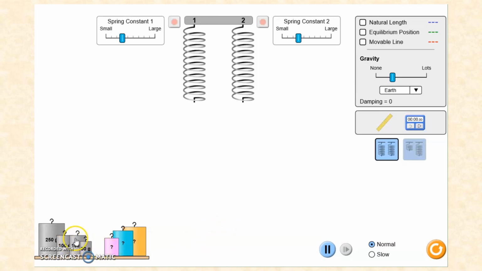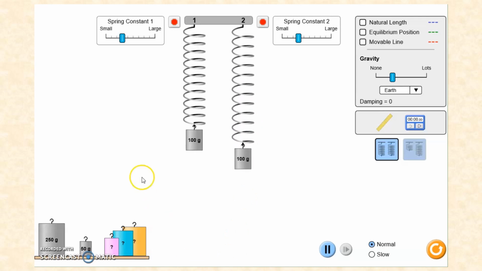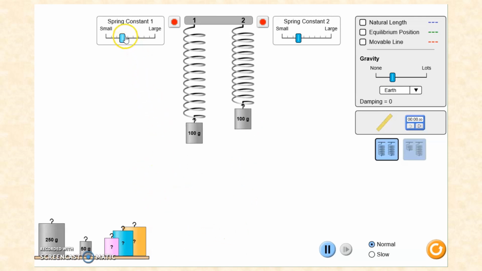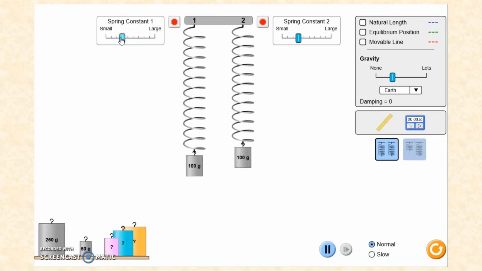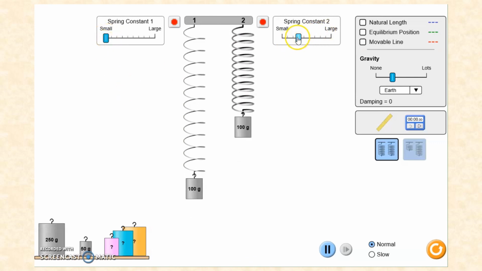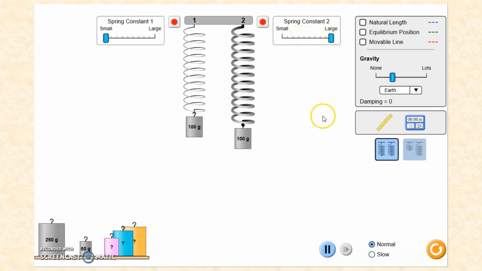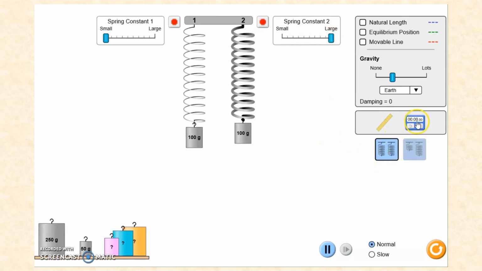We're going to start by choosing the same mass to put on each of these two springs. We'll choose a 100-gram mass, and we will control the spring constant. The spring on the left will represent a very flexible spring with a small spring constant, whereas the spring on the right will represent a very stiff spring with a large spring constant.